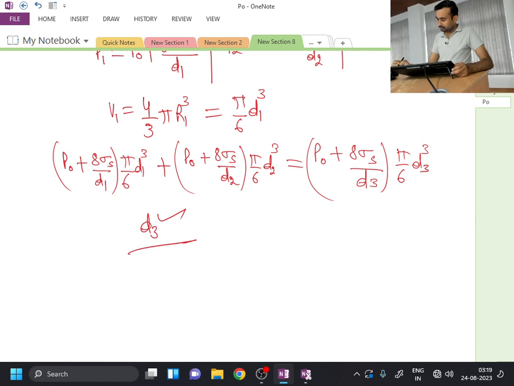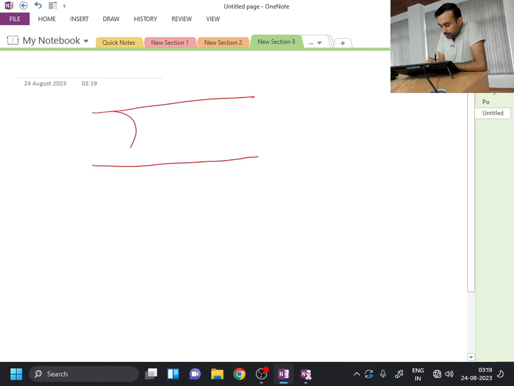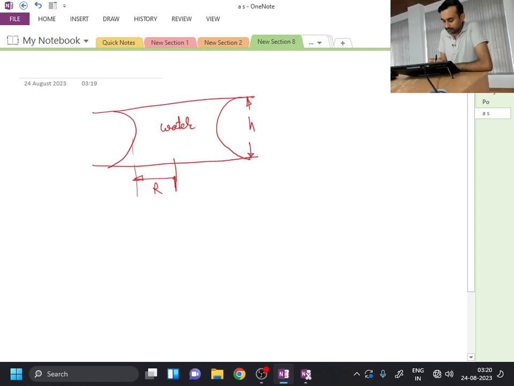Now let me give you some more problems. Let us consider two horizontal plates, and between these two horizontal plates some water is filled. From the center the water extends to some distance r, the spacing between the plates is h, and the contact angle is theta.